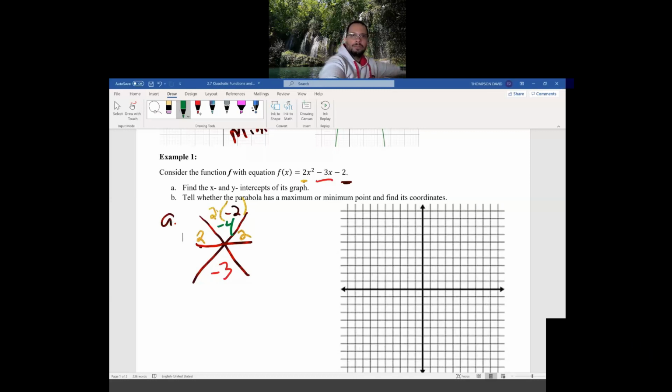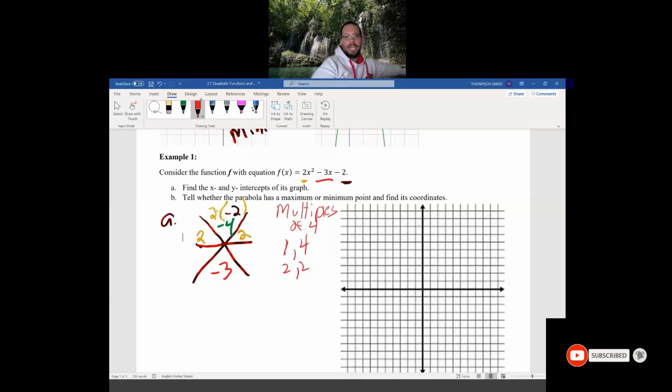So our multiples of 4 are 1 and 4, 2 and 2. If we're thinking about things that multiply to make a negative number, one has to be positive, one has to be negative.